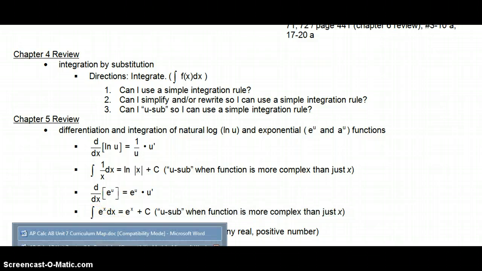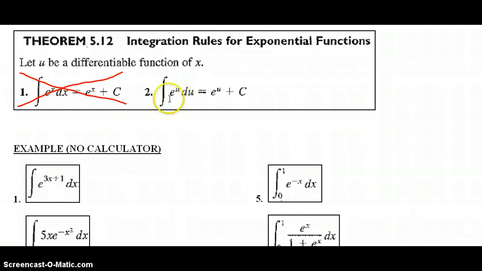So when we go back to the notes, you can see here that even though the rules are very similar in nature, the u sub portion of the second rule makes it pretty multi-dimensional.